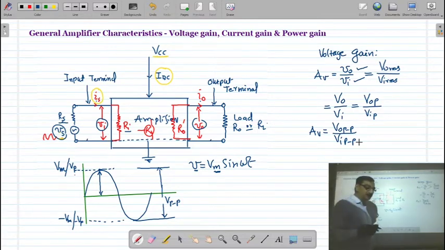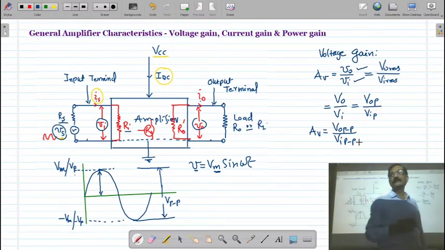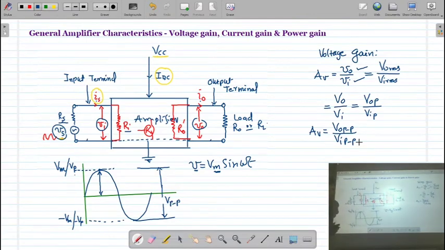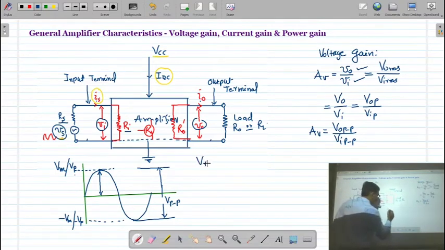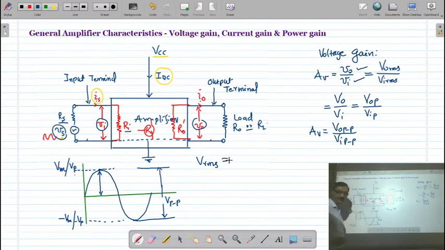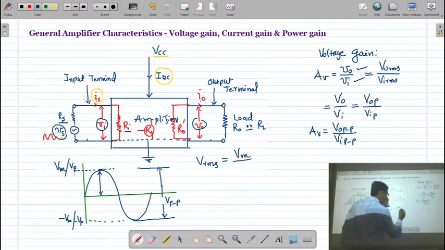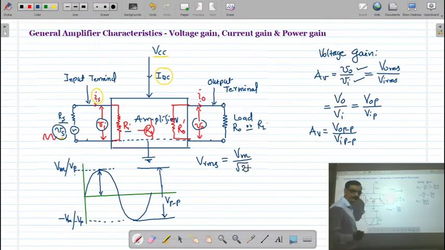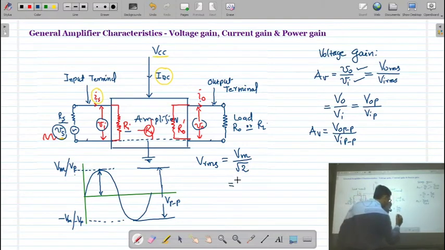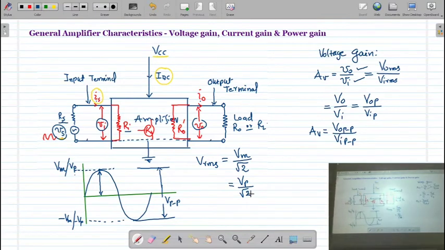Now, what is the conversion between the RMS value and the peak to peak value? Already you know that the RMS value of a sine wave is given by the maximum voltage divided by root 2, or you can say it is the peak value divided by root 2. Correct?